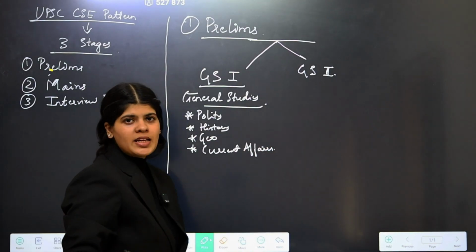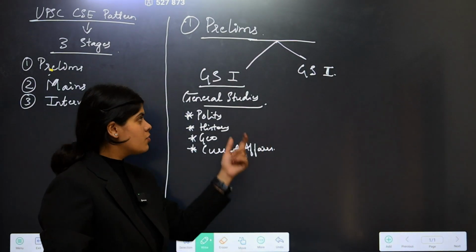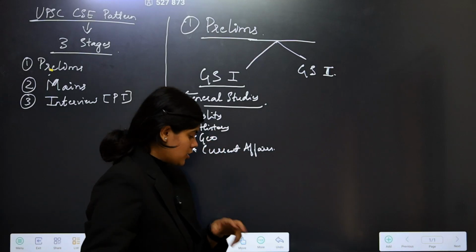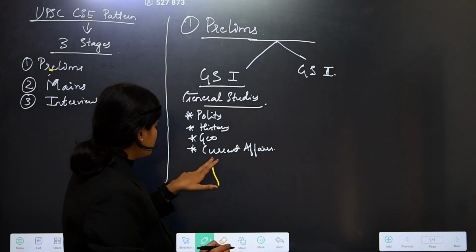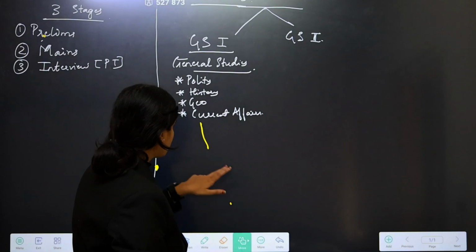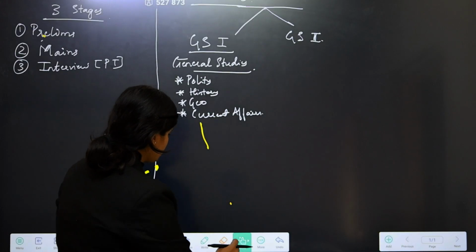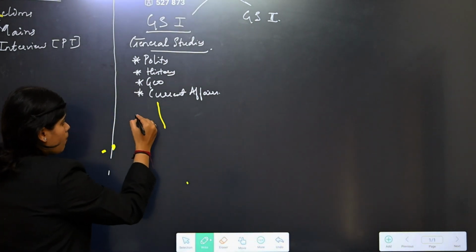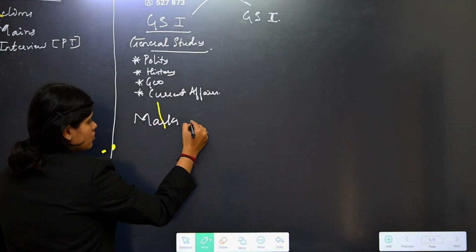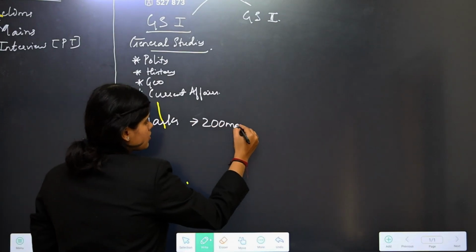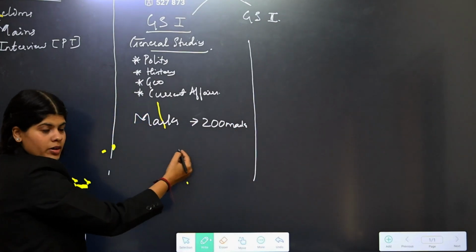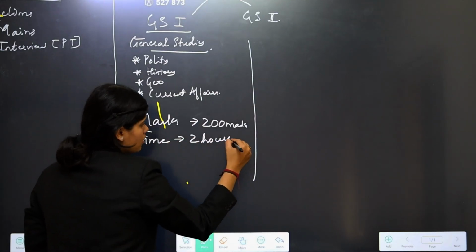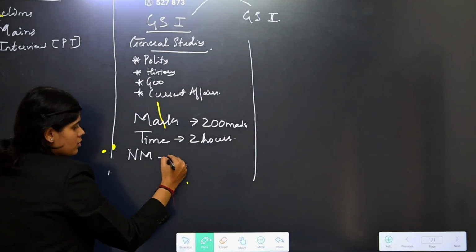If you look at the official website of UPSC, you can find the syllabus of GS1. So these are the basic subjects which you will have in GS1. Now talking about the marks in GS1: 200 marks, time 2 hours, negative marking 1/3.